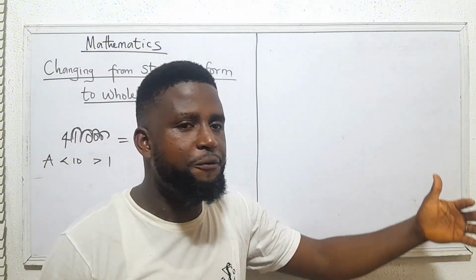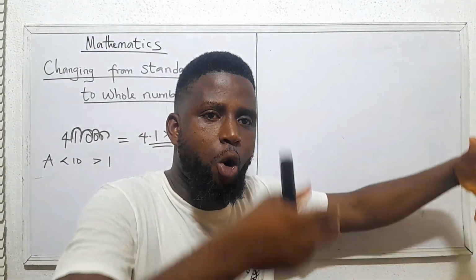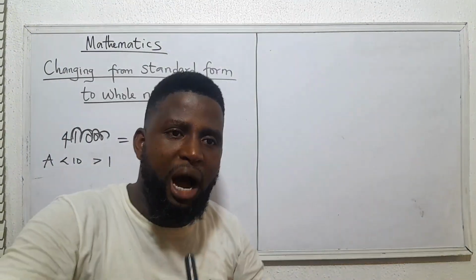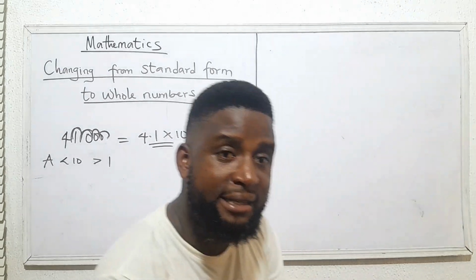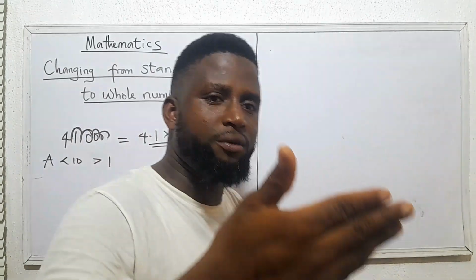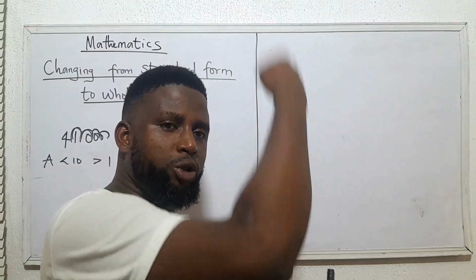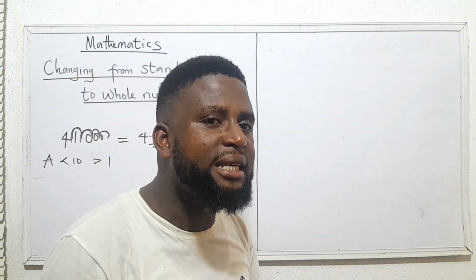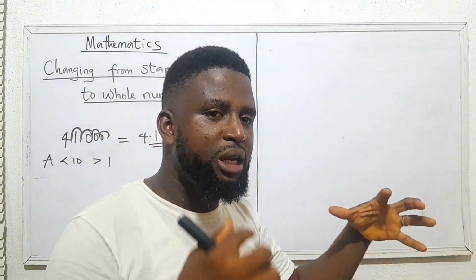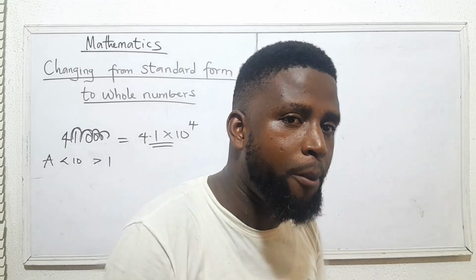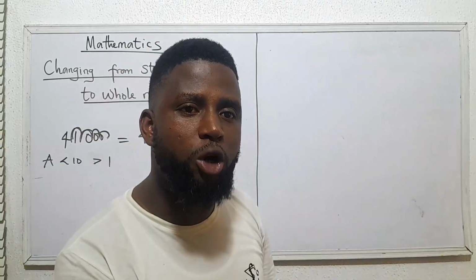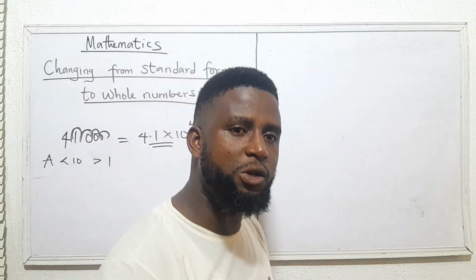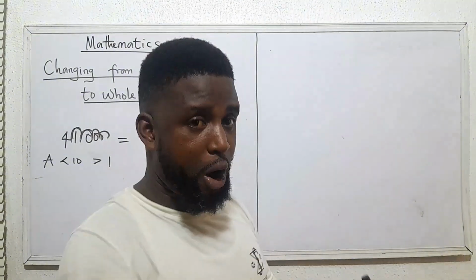It means that if you have a whole number and you are writing it in standard form, the place of the decimal point will go backward. Now, if you are writing numbers that are in standard form back to whole numbers, it means that the place of the decimal point will move forward.